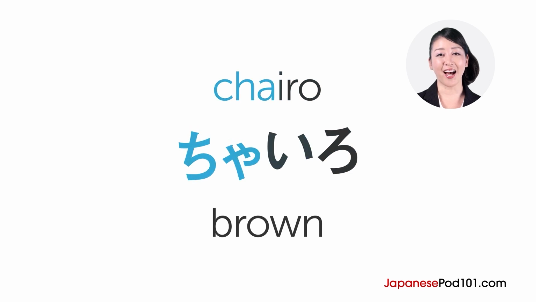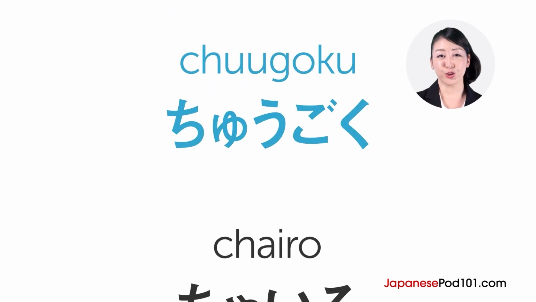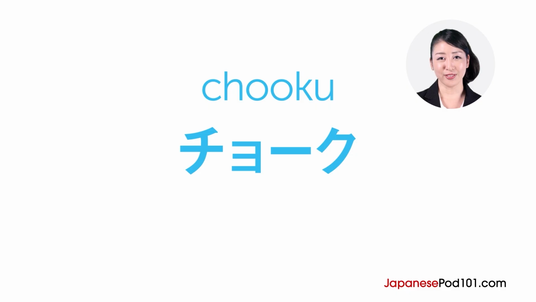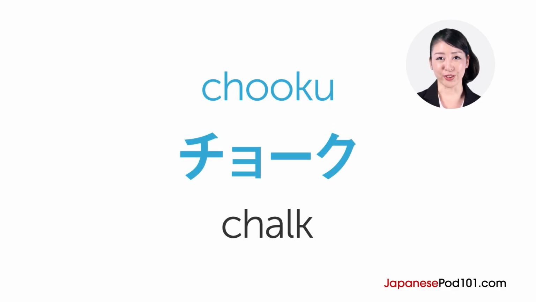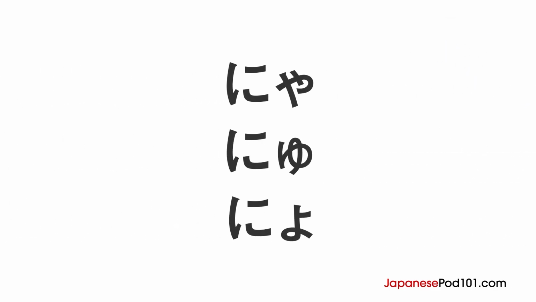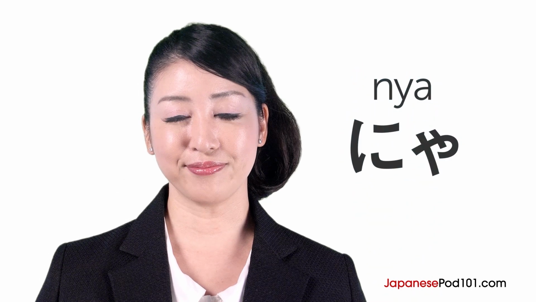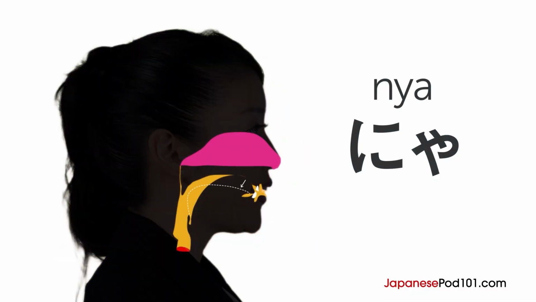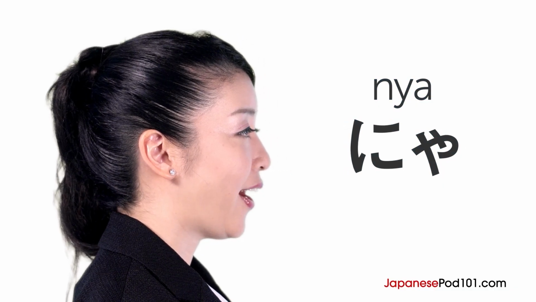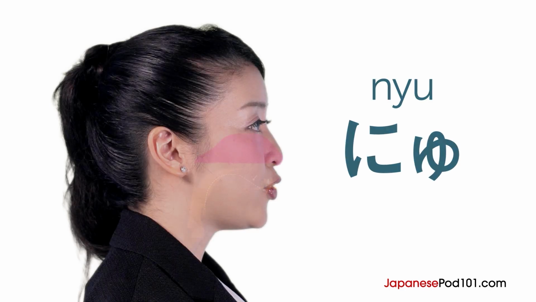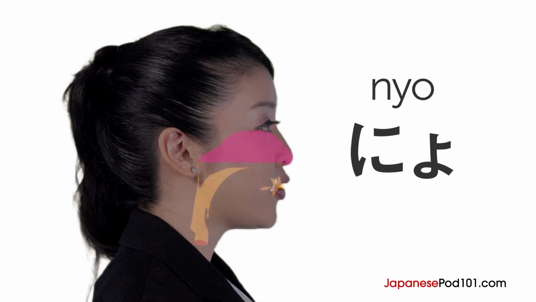茶色, brown. 中国, China. チョーク, chalk. The next one is にゃ、にゅ、にょ. に can be combined with や、ゆ、よ to make にゃ、にゅ、にょ. Repeat after me. にゃ、にゅ、にょ.